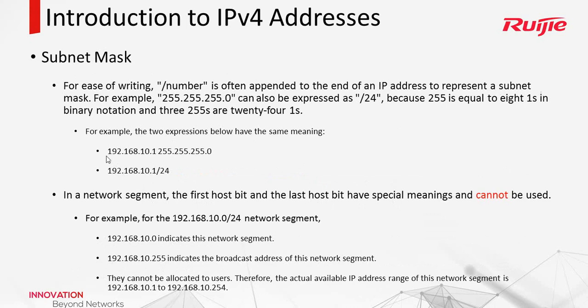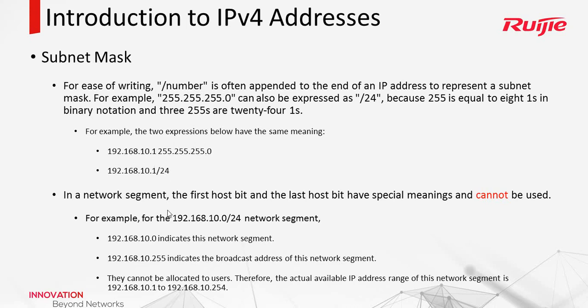Okay, then this one, 192.168.10.1. Then the subnet mask is 255.255.255.0. So in this IP address, we can know that the subnet mask should be /24, because these 3 bytes mean the network bits.